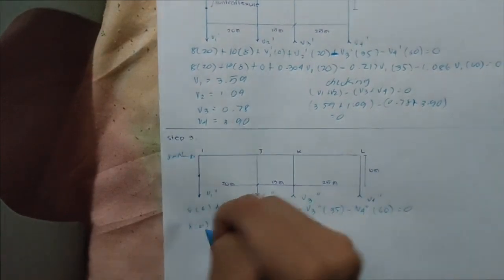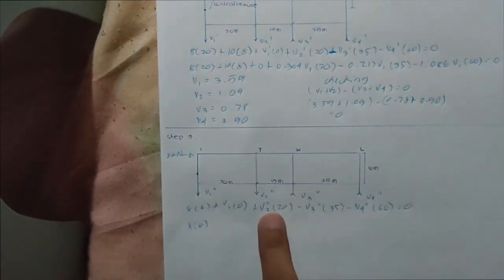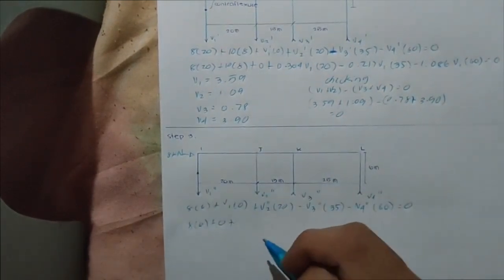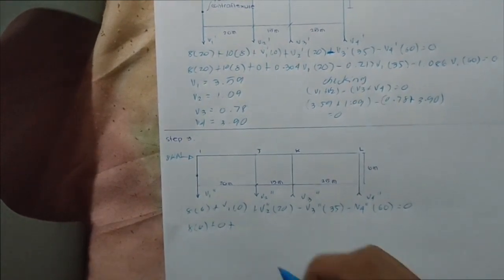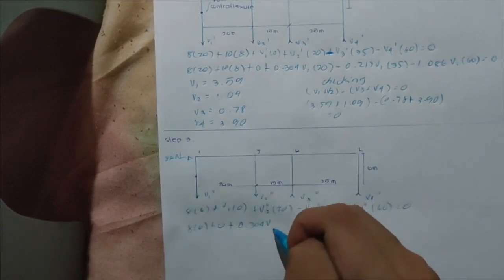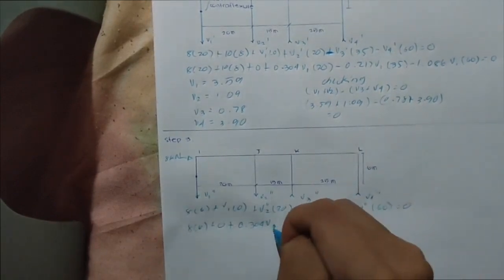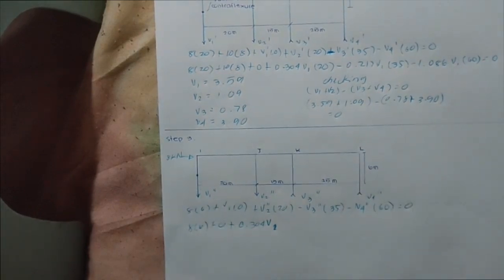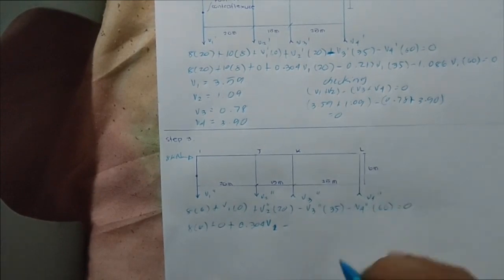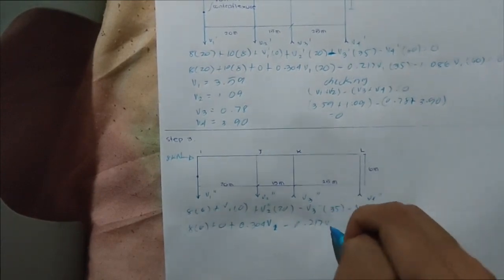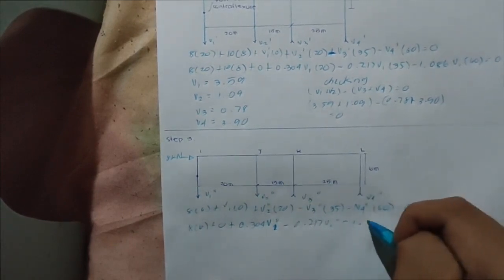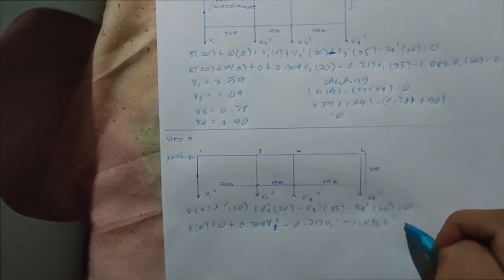So we just write the values of V2, V3, V4, plus 0, plus V2, which is 0.304 V1, I'm sorry, V1, and then minus V3, which is 0.217 V1 second floor, minus 1.086 V1 second floor.